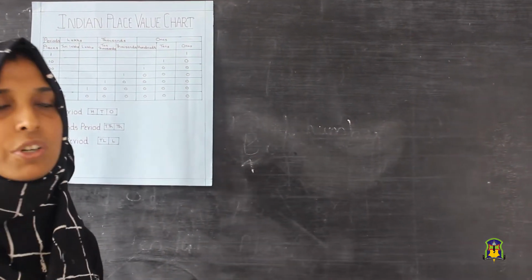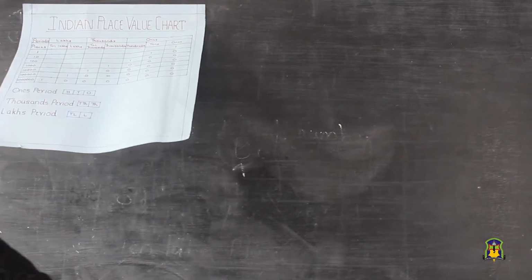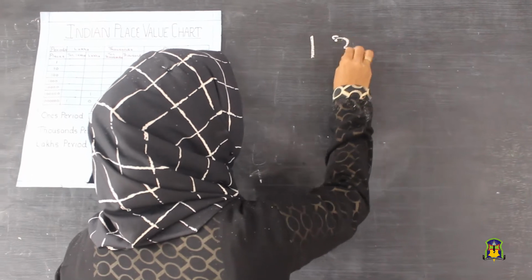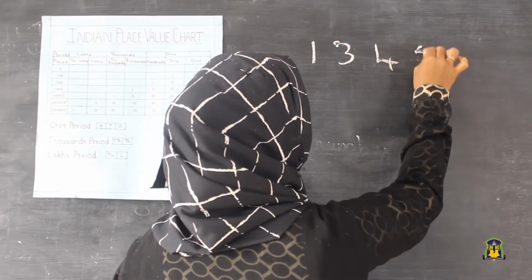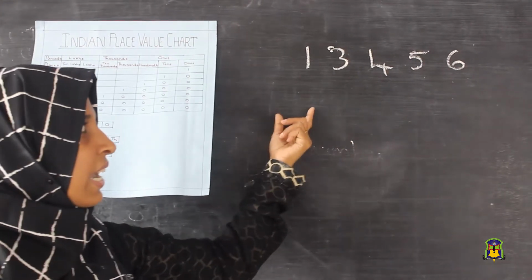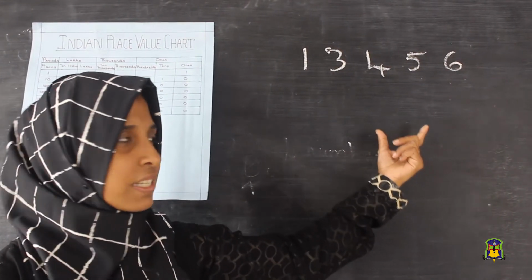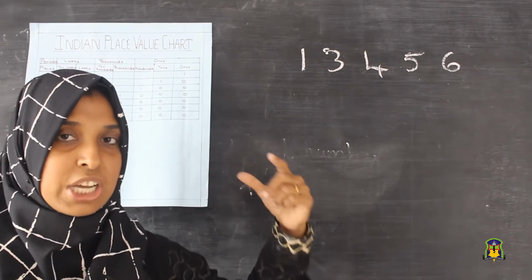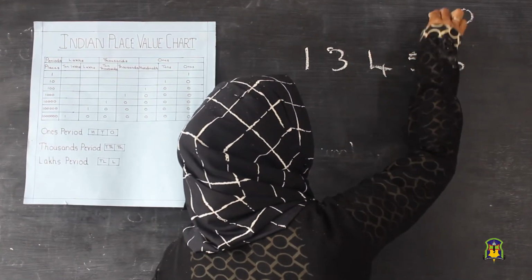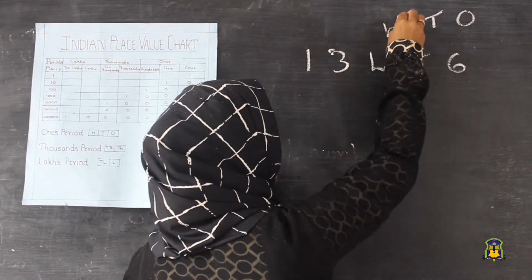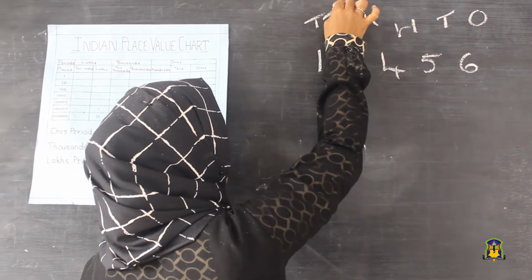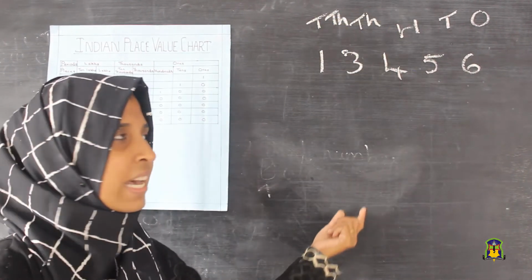First, I am going to write a 5-digit number here. Look here children, this is a 5-digit number. Which are the places?